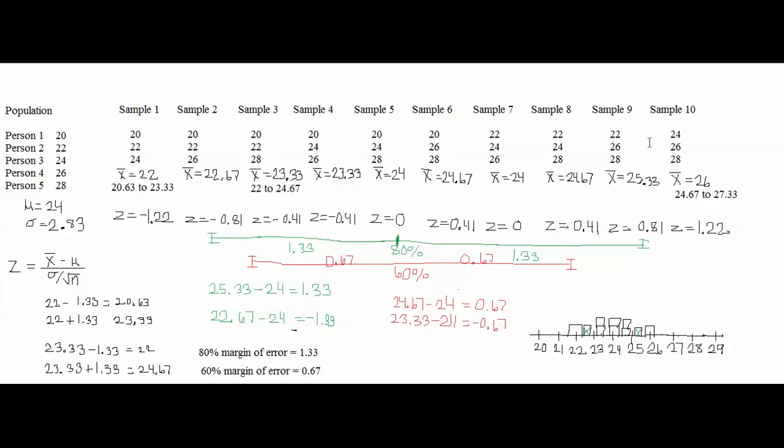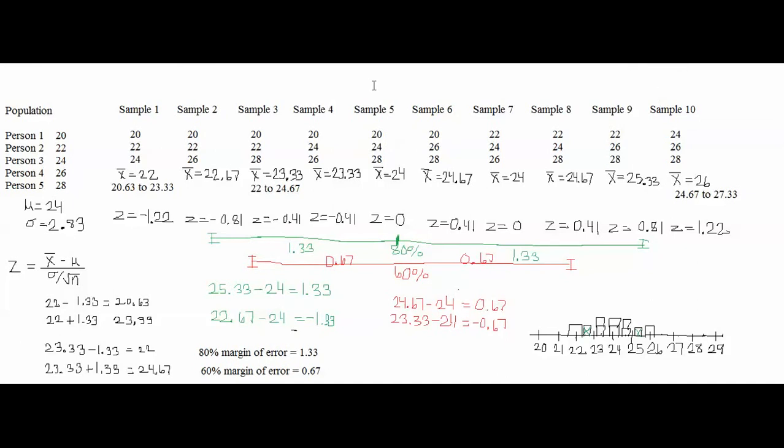Well, let's see what happened when we used the sample that was above the middle 80%. If you take a sample that's above the middle 80% and you create an 80% confidence interval, the population mean won't fall inside the confidence interval. It'll fall below the confidence interval down here. See how 24 is below 24.67?